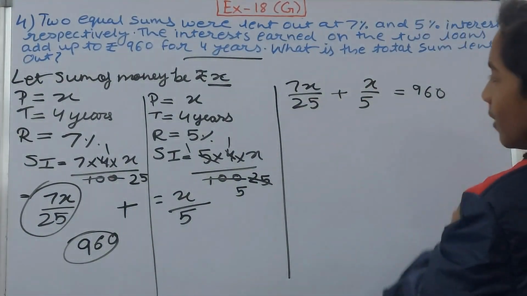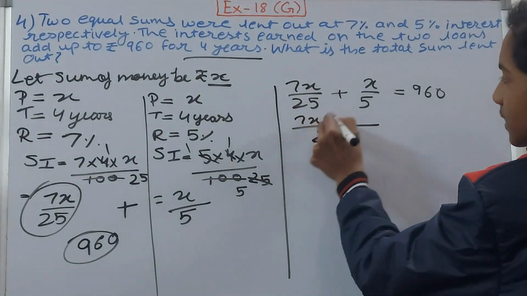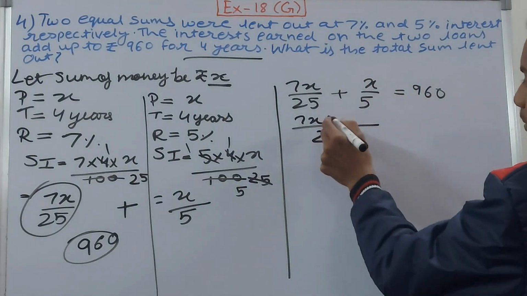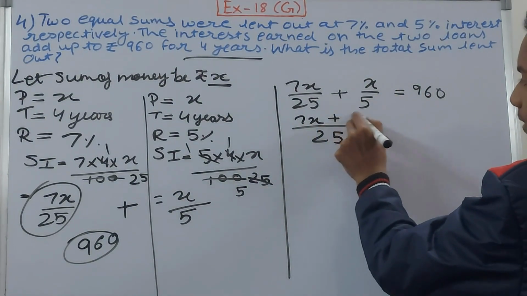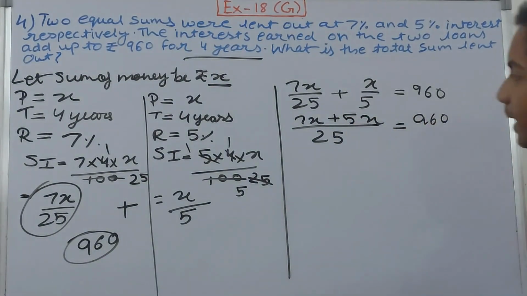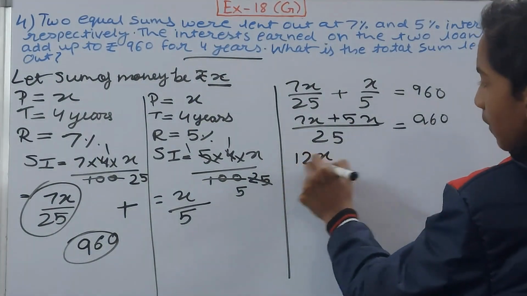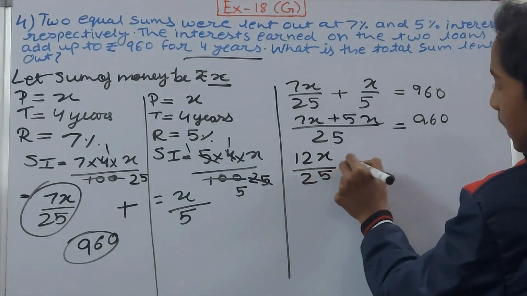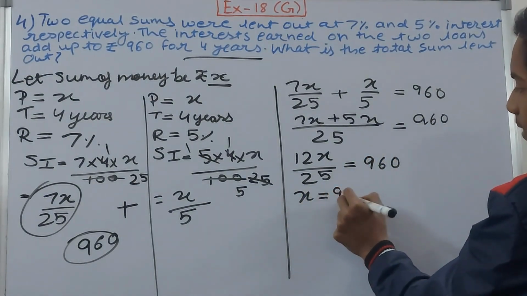The LCM of 25 and 5 becomes 25. 7x will be as it is, and x upon 5 becomes 5x upon 25. So 7x plus 5x upon 25 equals 960, and we'll solve this up. 7x plus 5x becomes 12x upon 25, and that equals 960, so x equals 960 times 25 upon 12.